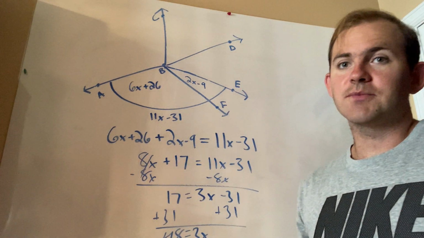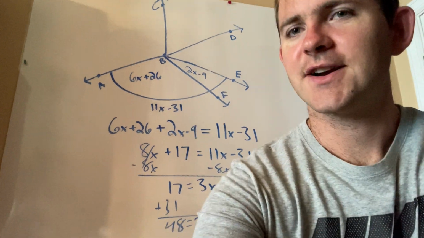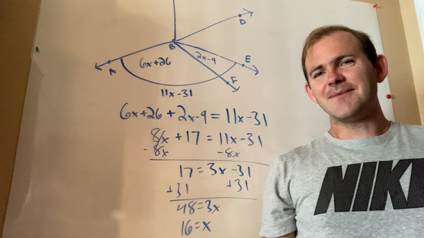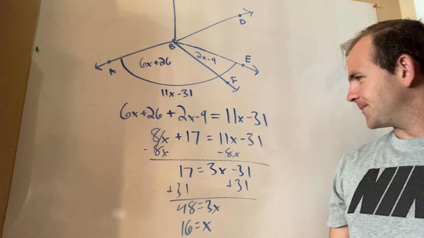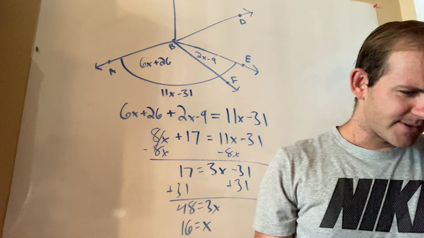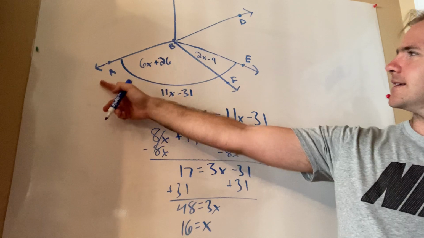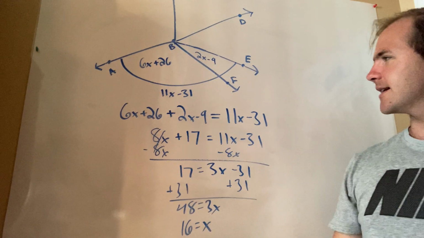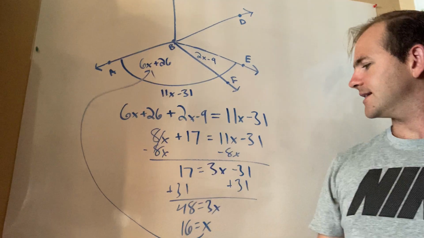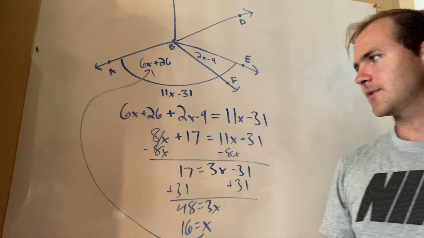Now, of course, the problem, oh my goodness, I'm so sorry. Hopefully you guys can see that. Okay, so the problem here, right, is, well, they didn't ask for that, did they? They asked for angle ABF. So they wanted ABF, they wanted this one right here. So what I gotta do is take that and substitute it back in, right?